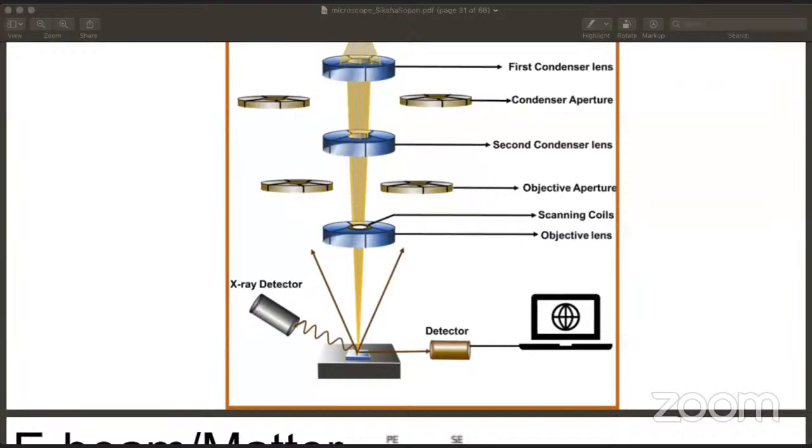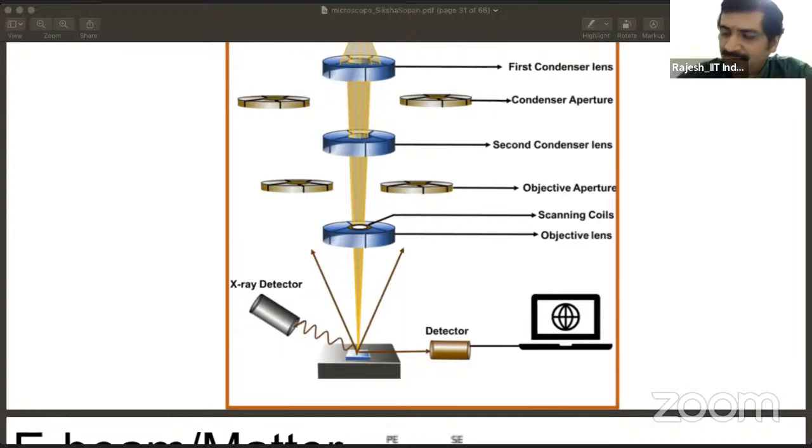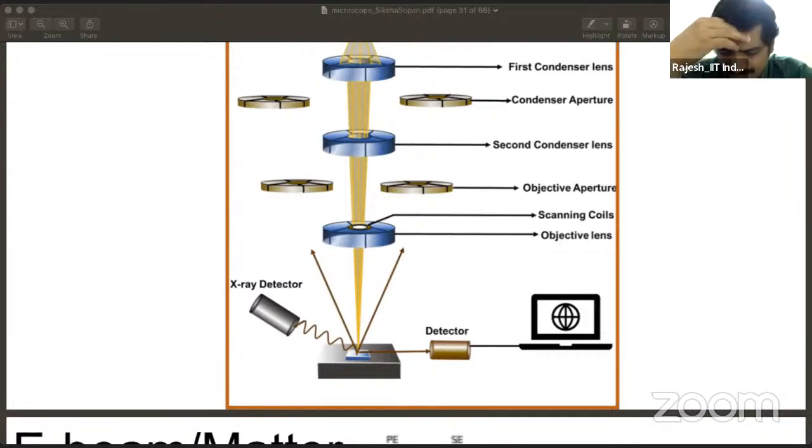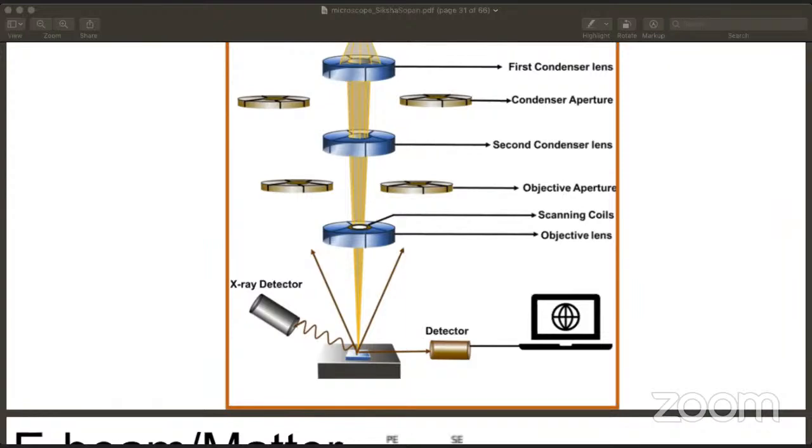Suppose there is an object which has a special character that it reflects about 10,000 angstrom wavelength electromagnetic wave when the sunlight falls on it.